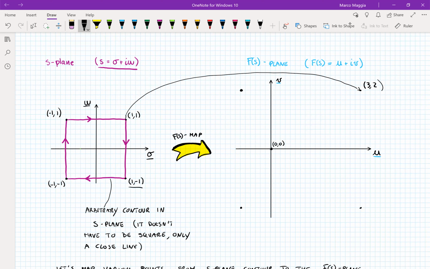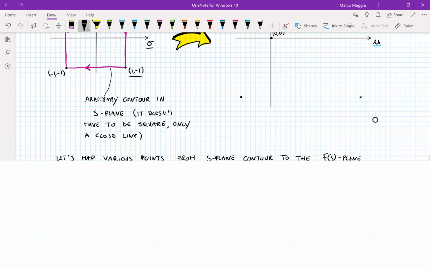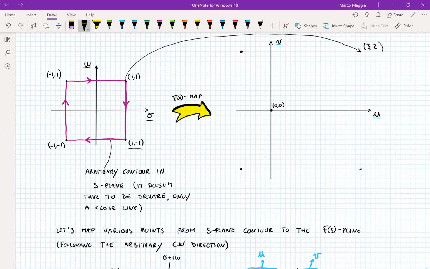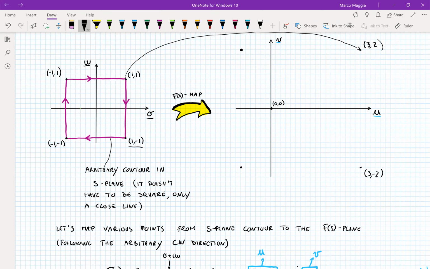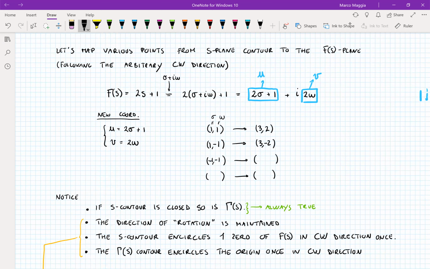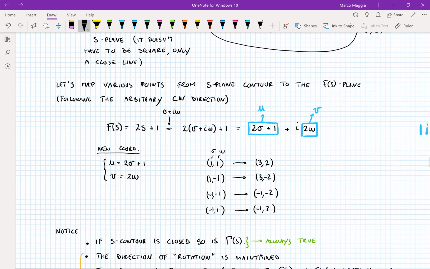In this case, we have (1, -1), and that is mapped into (3, -2). So this vertex is mapped right here. And then we can do the same for (-1, -1) and (-1, 1), and we find (-1, -2) and then (-1, 2).